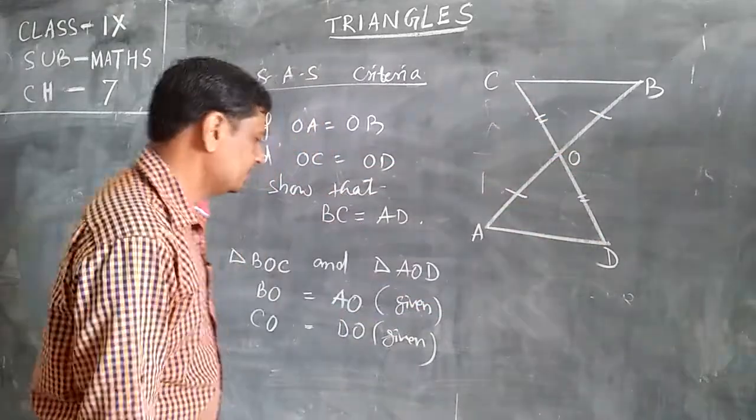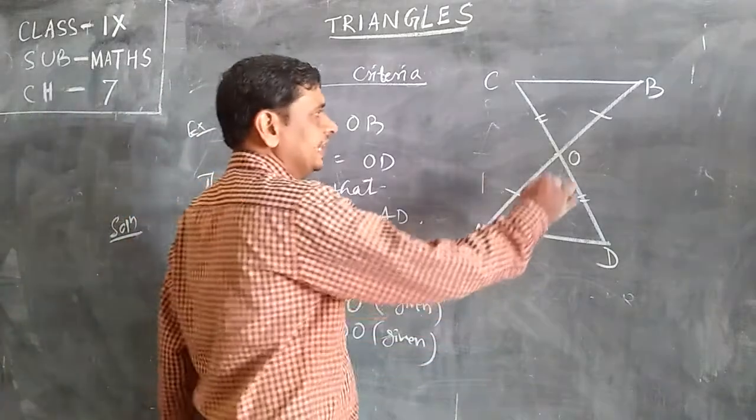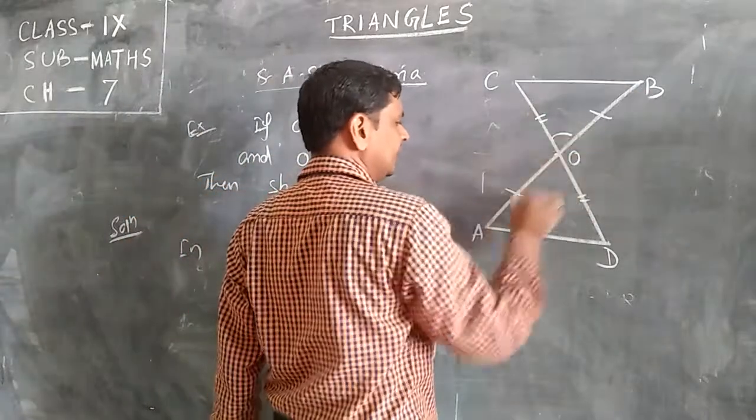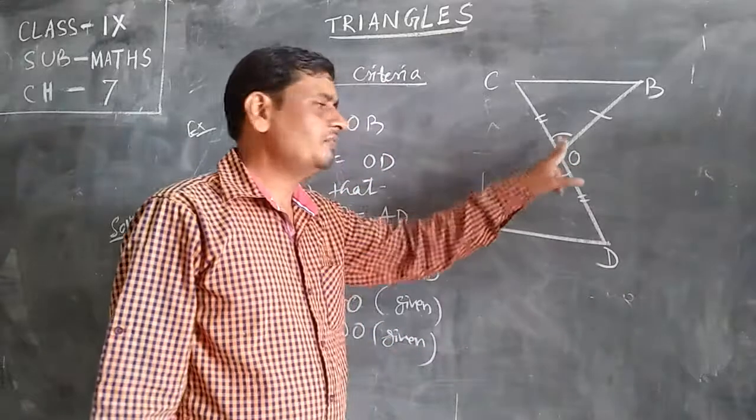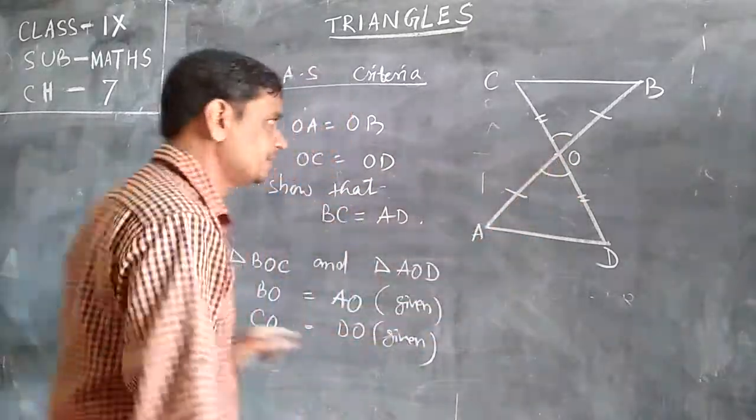Next, angle BOC and angle AOD are equal because they are vertically opposite angles.